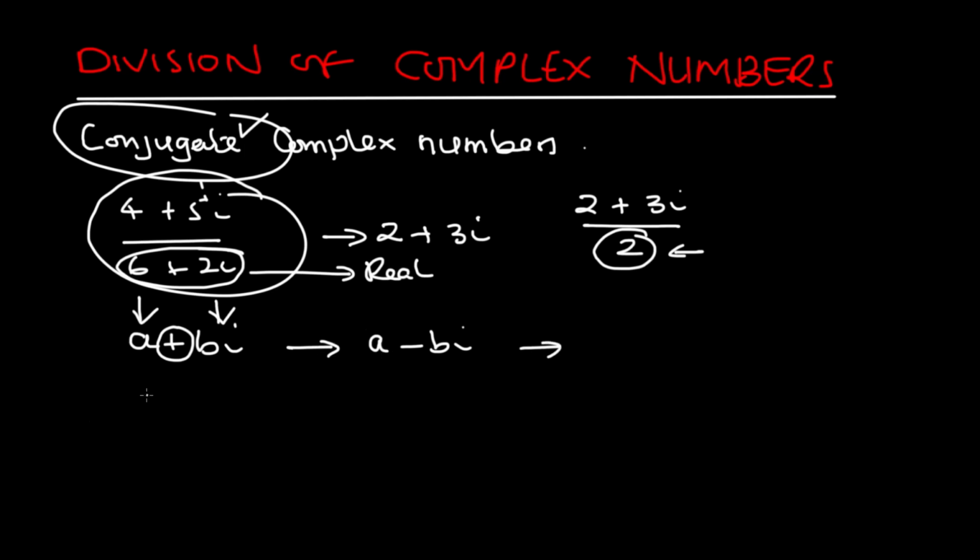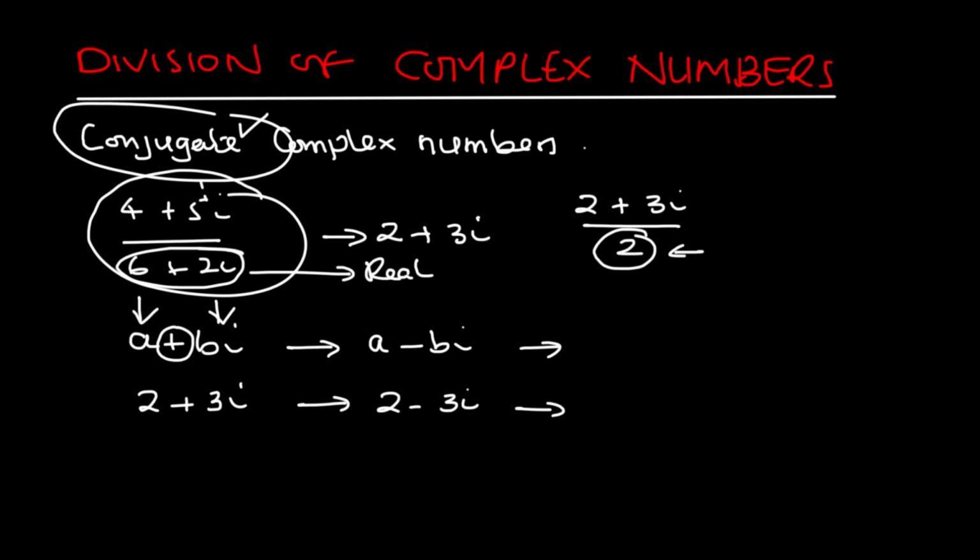So if I had, let's say, 2 plus 3i, the conjugate of that number would be 2 minus 3i. Notice the difference is the sign in front of the imaginary portion of the complex number. If I multiply those two, I get a real number.